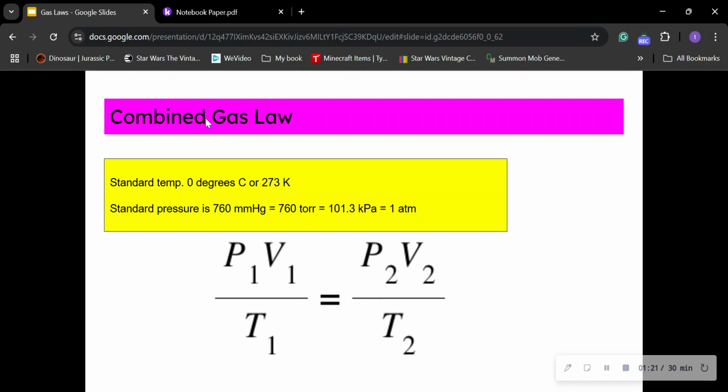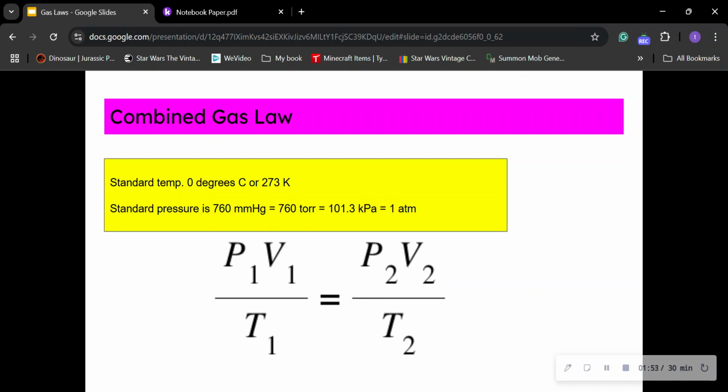Also, something that we should note is standard temperature is 0 degrees Celsius or 273 Kelvin. And standard pressure is 1 atmosphere or 101.3 kilopascals or 760 millimeters of mercury or 760 torr.